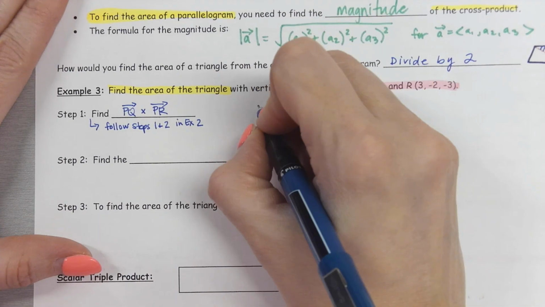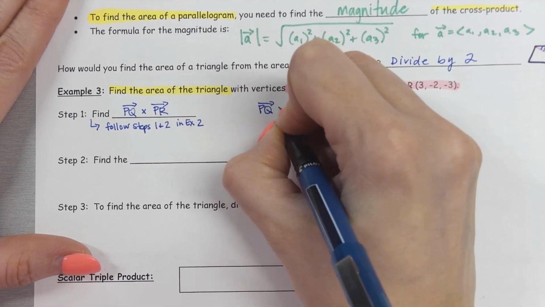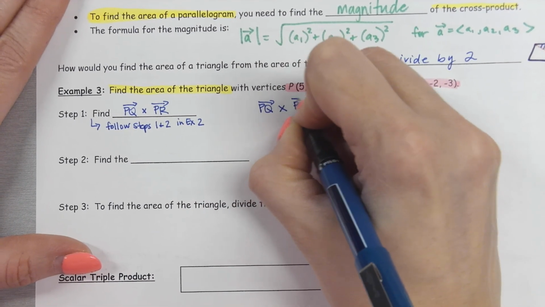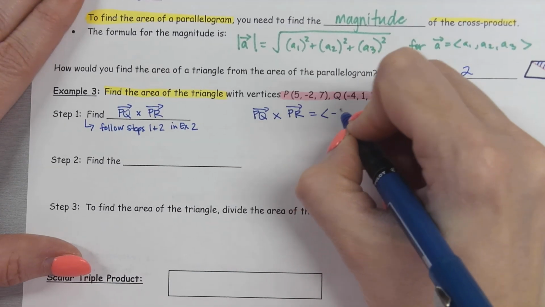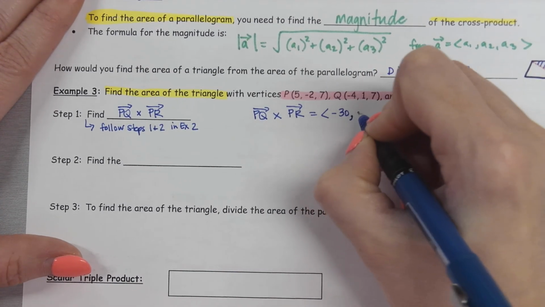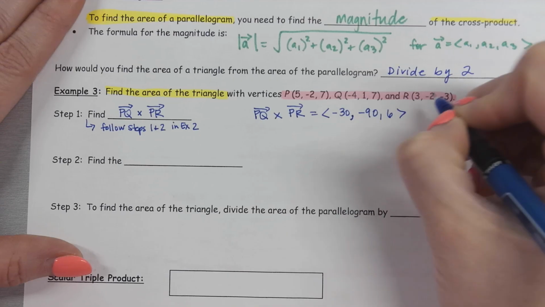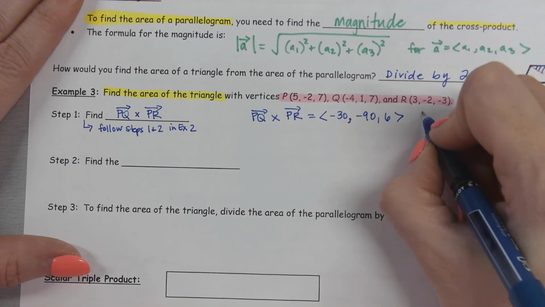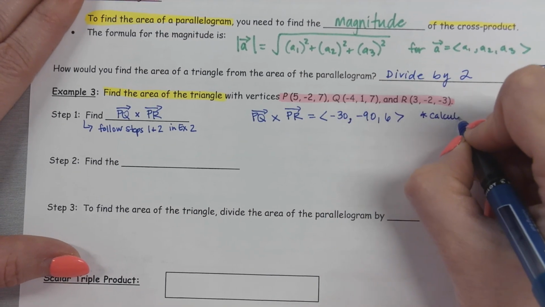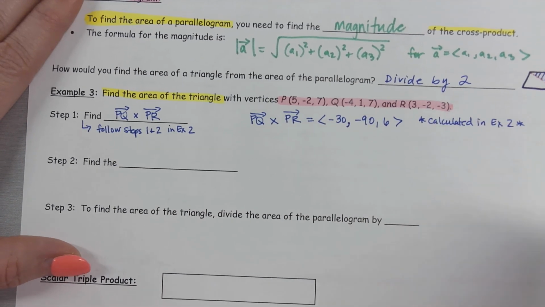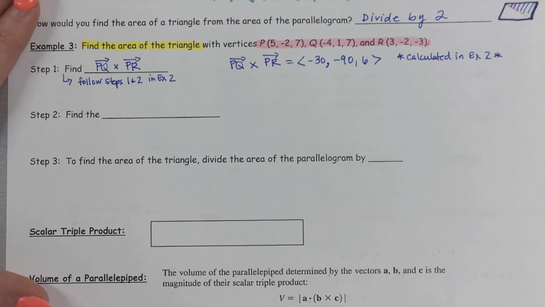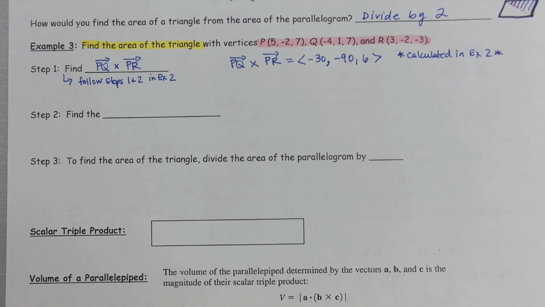We already did that, so we're just going to write it down. So you have negative 30, negative 90, and 6 is what you got. And I'm going to put a little note that it was calculated there, so don't forget to do that step on your own.